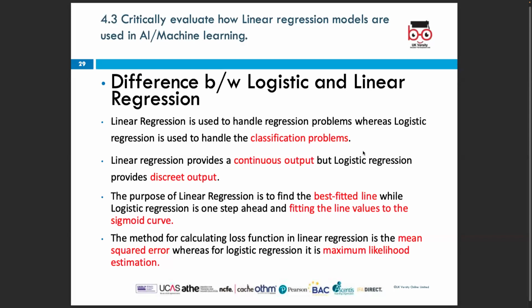The purpose of linear regression is to find the best fitted line, while logistic regression is one step ahead and fits the line values to the sigmoid curve. The method for calculating the loss function in linear regression is the mean squared error, whereas for logistic regression, it is maximum likelihood estimation.